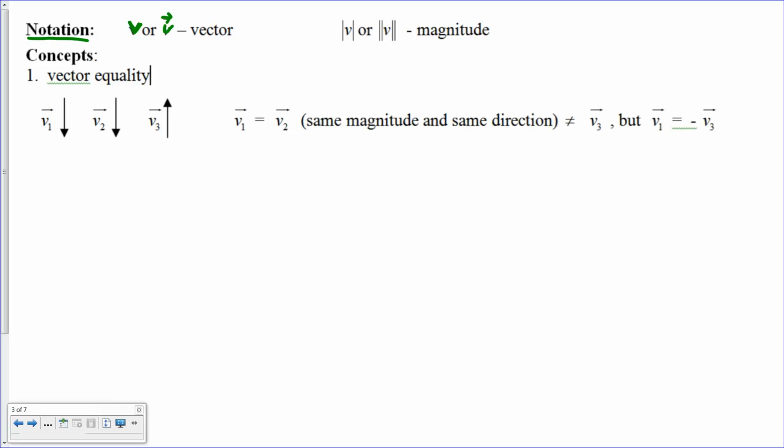The magnitude of a vector, or the length of a vector, is denoted as the V, but along with the V is an absolute value sign. Absolute value, we know, is always a positive distance, and so it would make sense that the absolute value, which is positive, would go with the length or the magnitude.